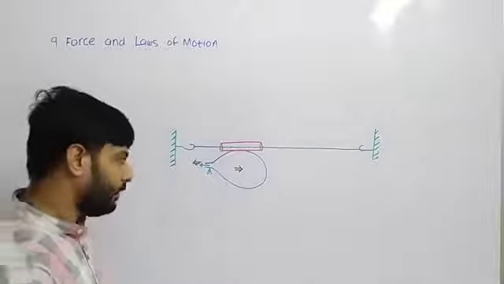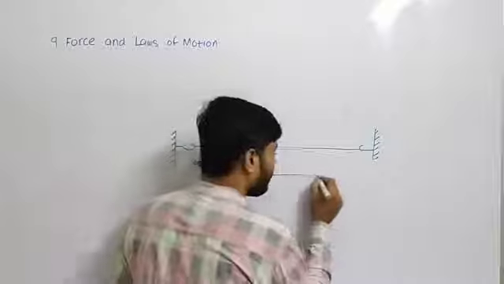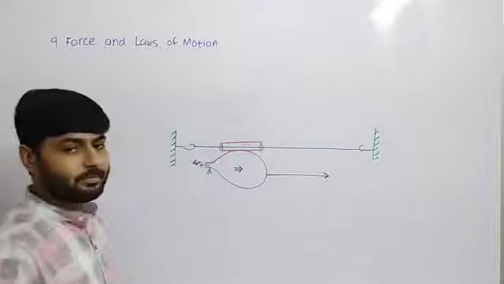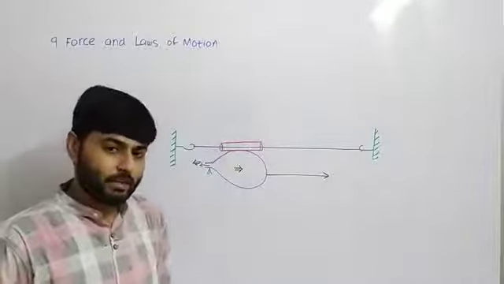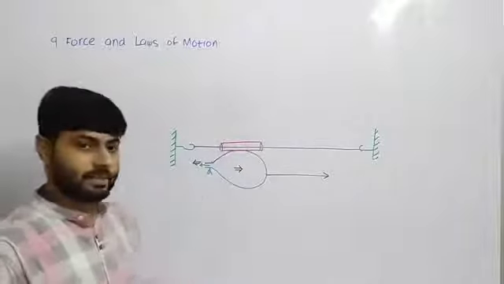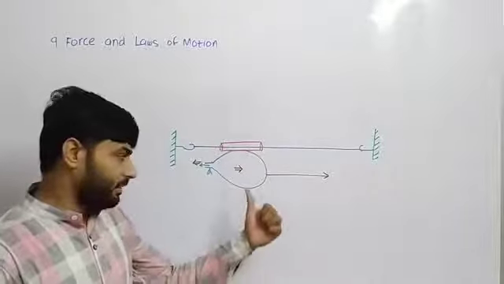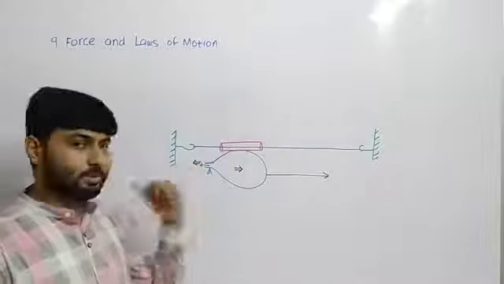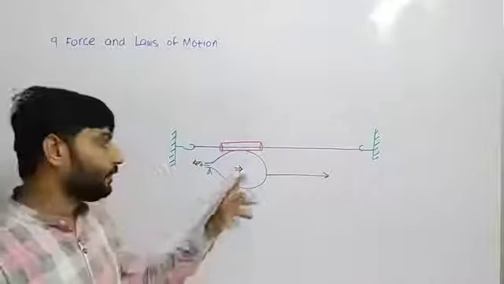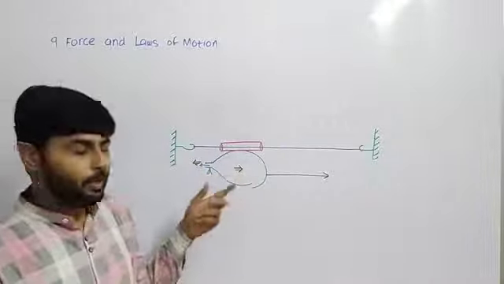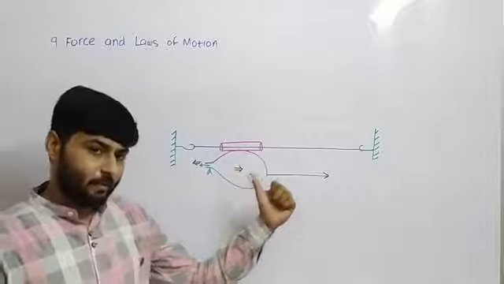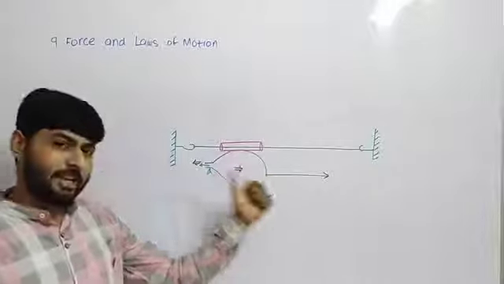Now we can observe that this balloon will move in this direction. So think what will happen in this situation. Air which is escaping from this balloon exerts force on this balloon. So escape of this air is in this direction.